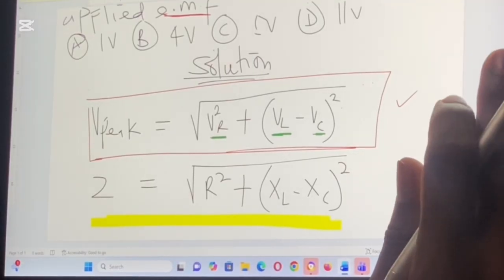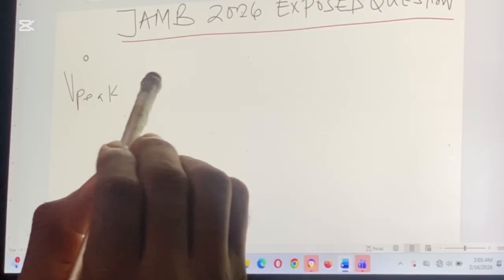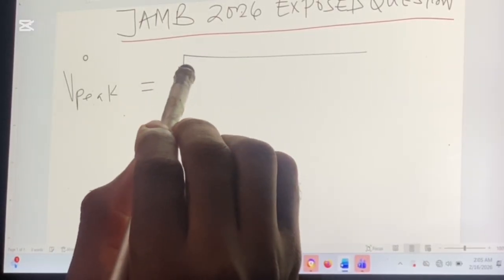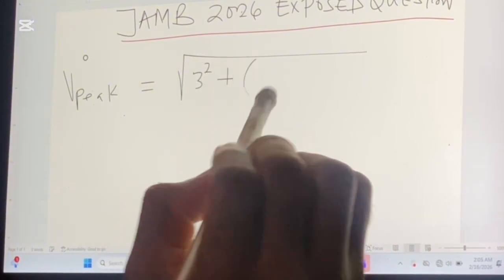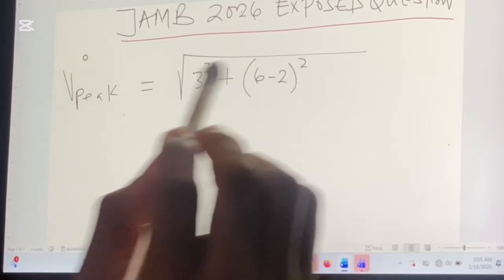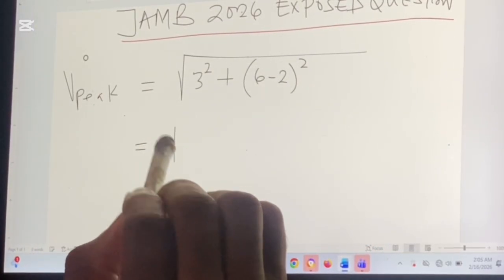When you do that, we have something like this. Peak voltage will be equal to the square root of 3 all squared plus (6 minus 2) all squared.